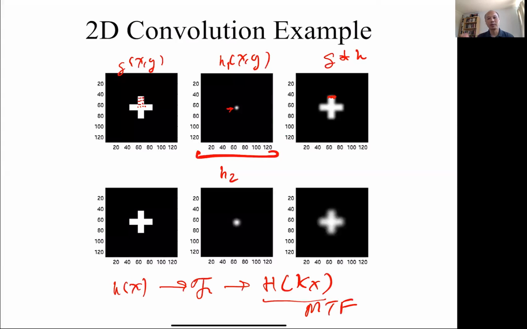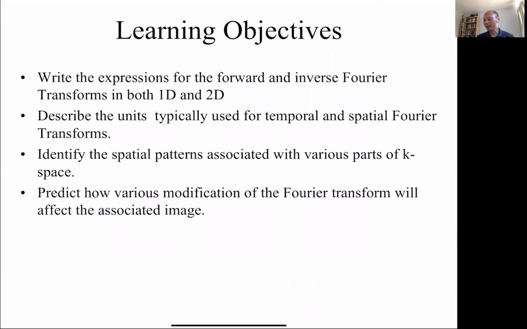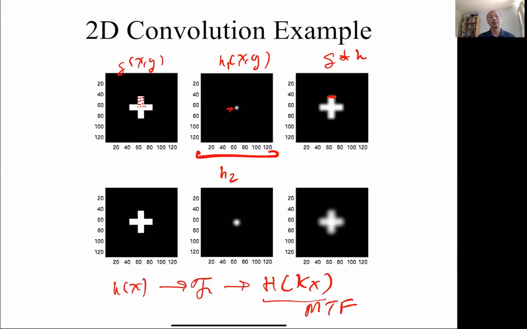It's going to be useful to look at things in both domains, the image domain and the Fourier domain. Sometimes it's easier to do things in the image domain, sometimes in the Fourier domain. We'll save this part for next time, because we're running short on time, so we'll end the formal presentation here.